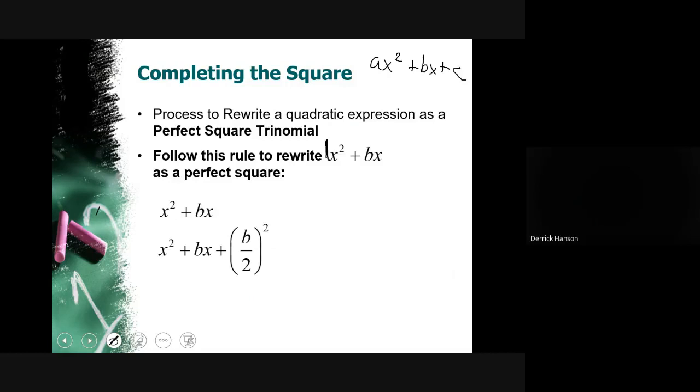Whatever you get from that, the trinomial you have there, you're then going to factor. And assuming you did b over 2 squared correctly, this trinomial will factor to the same two factors every single time. And even beyond that, it will always factor to just x and whatever you got from b over 2.